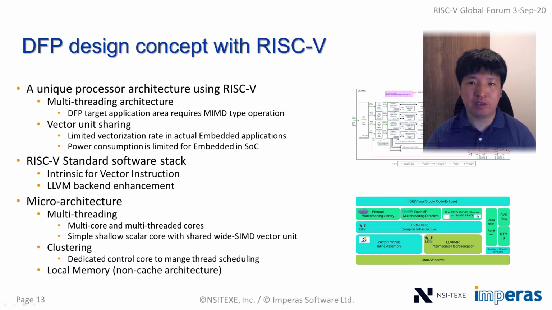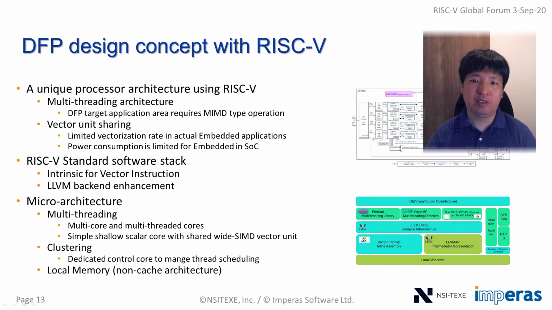As the first big picture, the DFP architecture is MIMD style rather than SIMD. We have chosen a multi-core and multi-threading architecture with a large number of threads and harts in the processor complex, because we intend DFP to be applied in a variety of embedded applications.